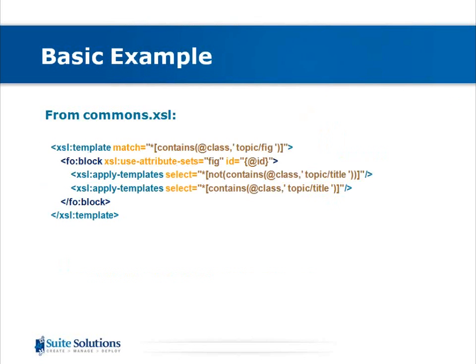To look at a real example, here's an actual example from the commons.xsl file that processes figures. What you see here is we have a template, and here you already see the very close interconnection between XSLT and XPath. All of the light blue parts, XSL template, XSL apply templates, those are XSLT.